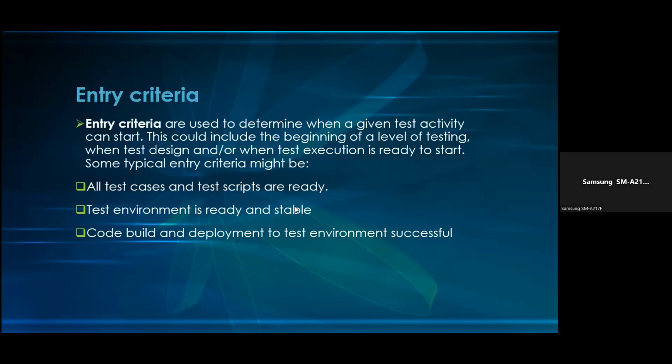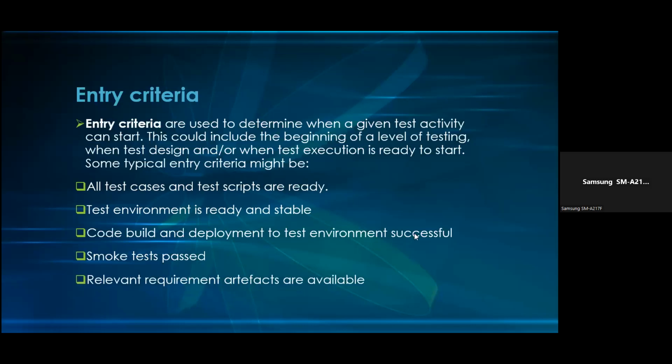Code, build, and deployment to the test environment successful. These are part of our smoke test. Smoke test passed. So we'll have to check. Once the developer deploys this into the test environment, you want to smoke test. Check, can I log in? Am I able to do it? So that's it. The relevant requirement artifacts are available.